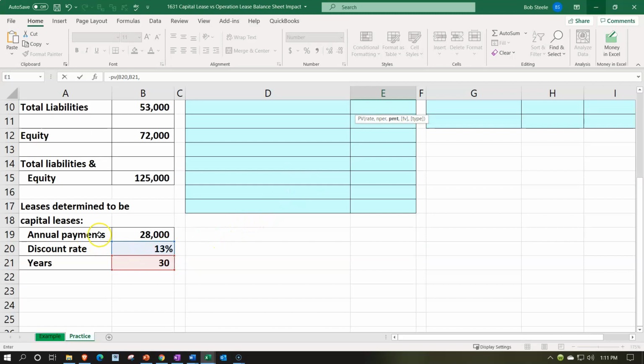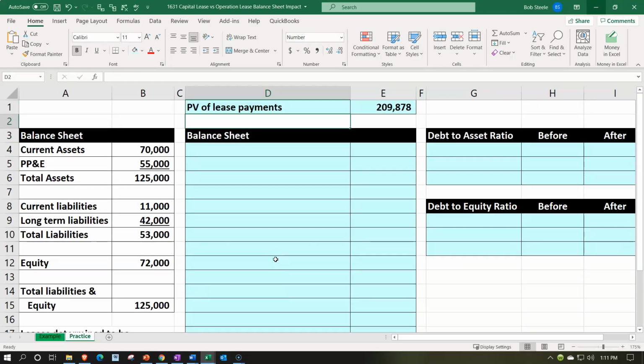Notice it is annual here, so we're picking up the annual payment of $28,000. If it was monthly, of course, you'd have to take into consideration the difference between monthly and annual and so on. That's going to give us about $209,878 that we would then have to be including in the balance sheet.